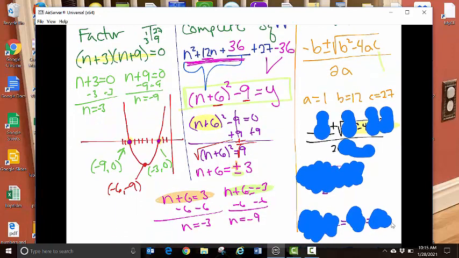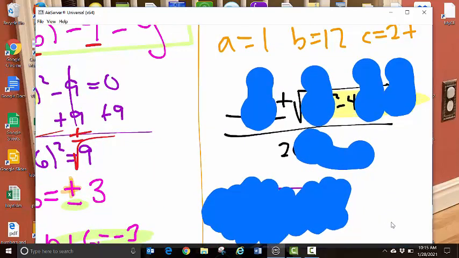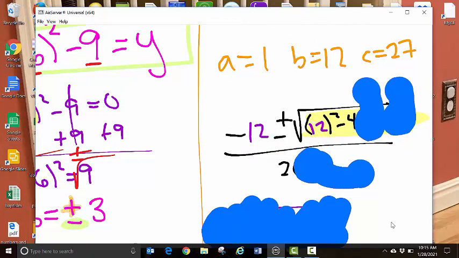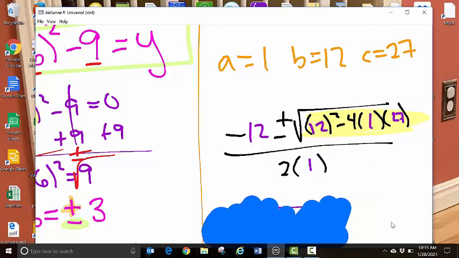Again, I highly suggest that you just write the equation blank and then plug it in. So B was 12. Notice that I have the parentheses around it. A was 1, C was 27, and A was 1 again. I would write the black part, write the outline, and then plug in the numbers.